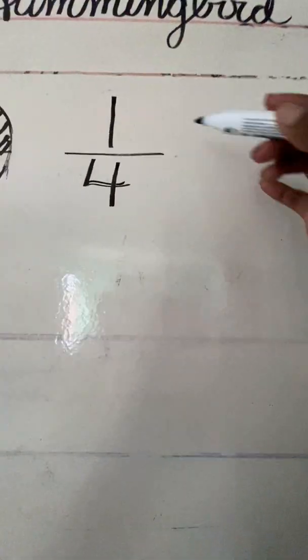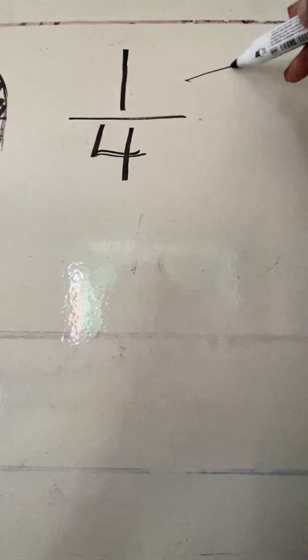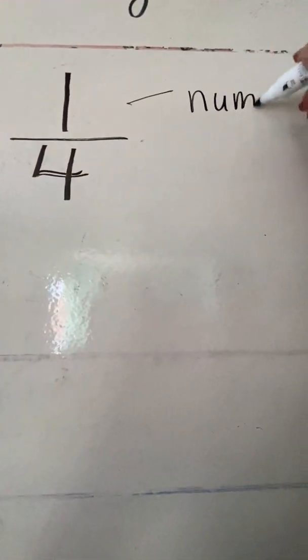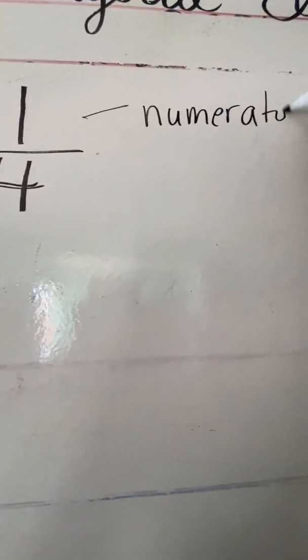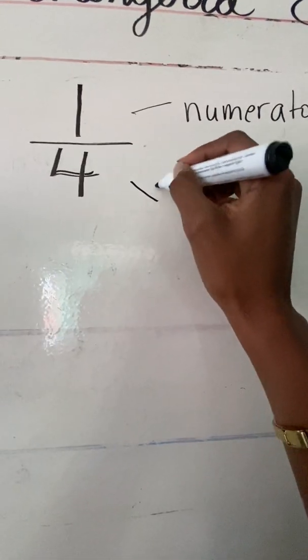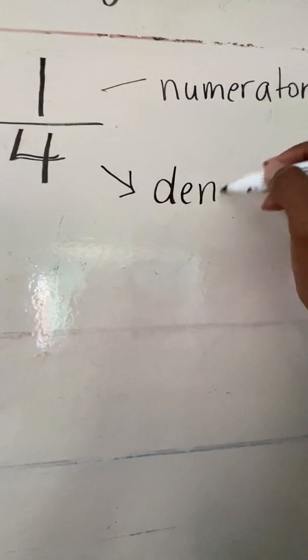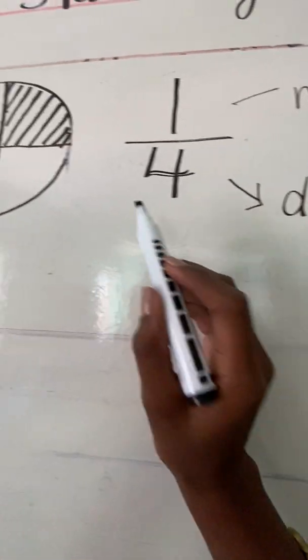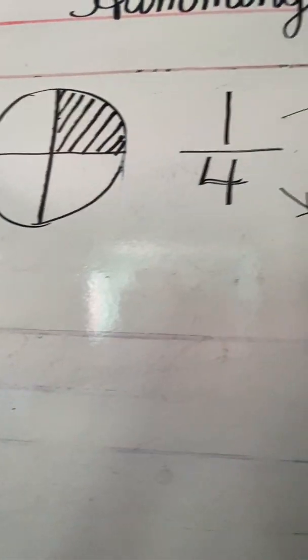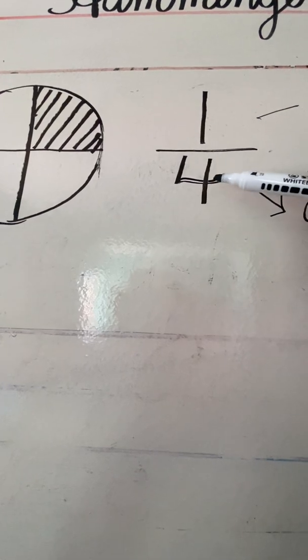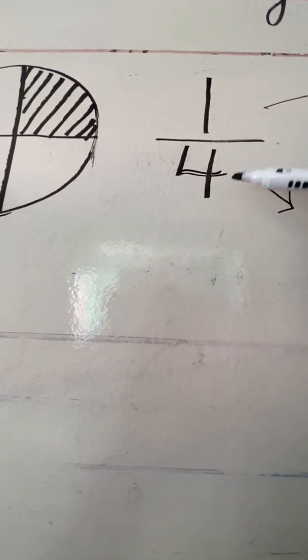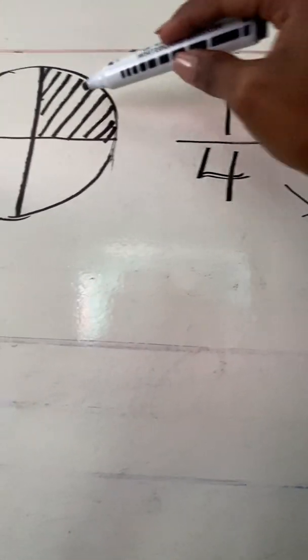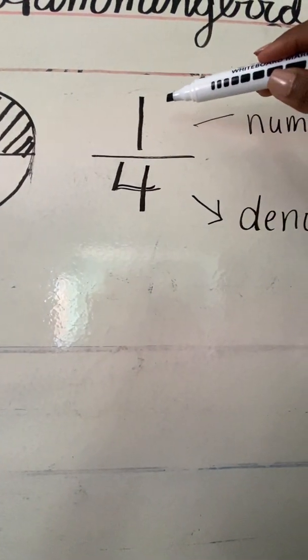Now let's take a look at the parts of the fraction. The top number is the numerator. It shows us the amount that is being used. The bottom part is the denominator. And this tells us the total amount of pieces that are in a fraction. Let's be careful because some people are putting the denominator on the top and the numerator on the bottom. The number that is being used, the numerator always goes at the top.